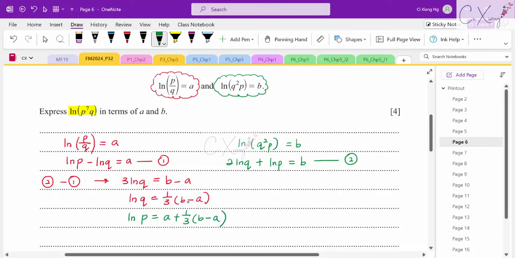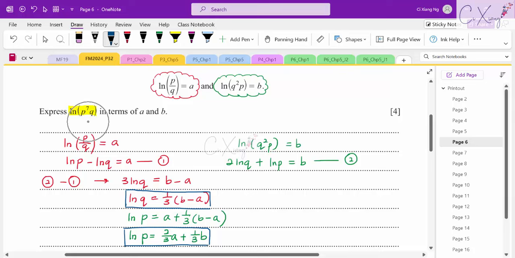Then if I further simplify it, I'm having 2 over 3a plus 1 over 3b. So this is my ln p here. These two equations are important because I'm going to substitute them into my expression later to get the final answer in terms of b and also a.